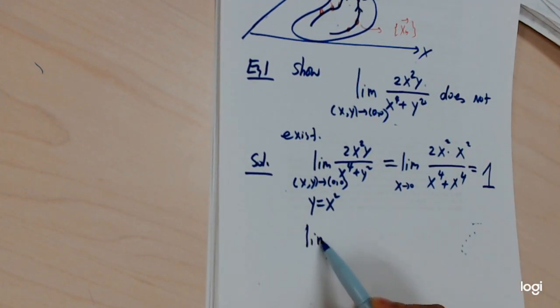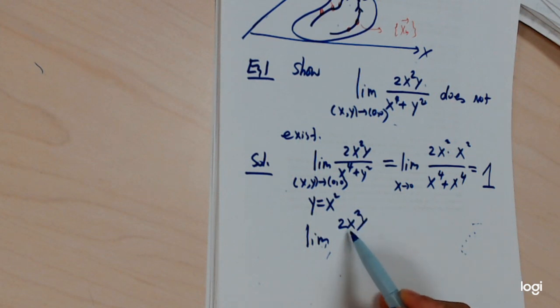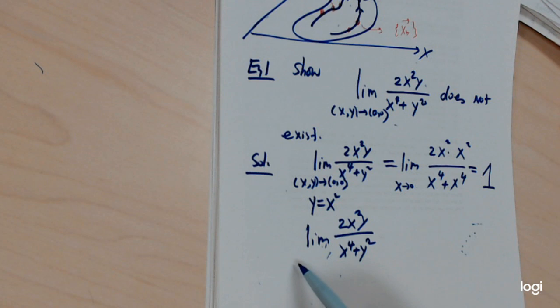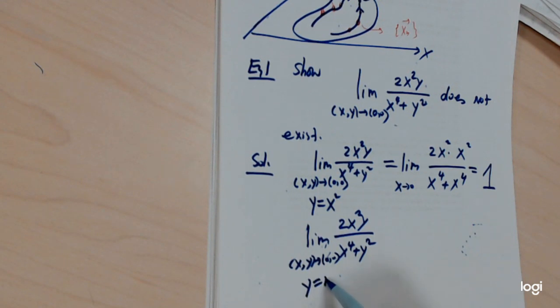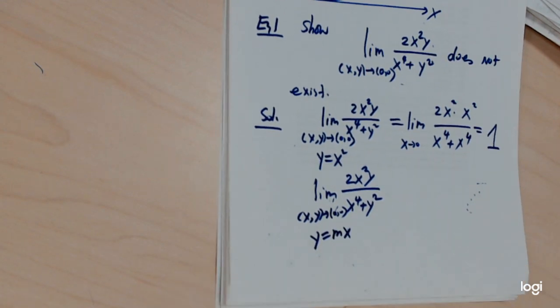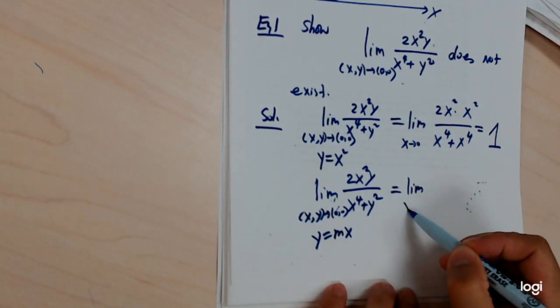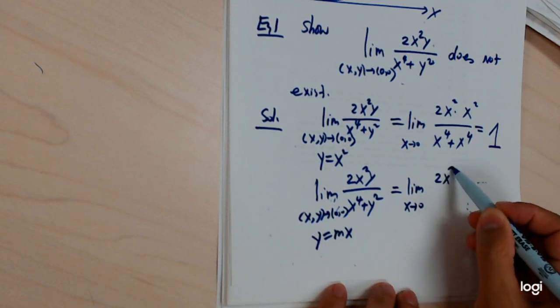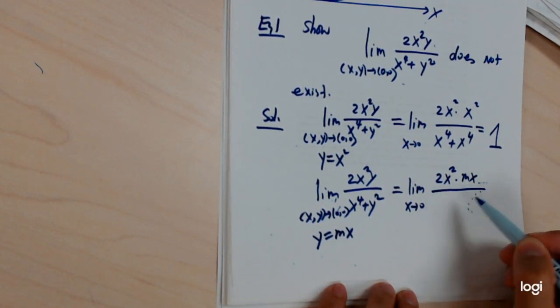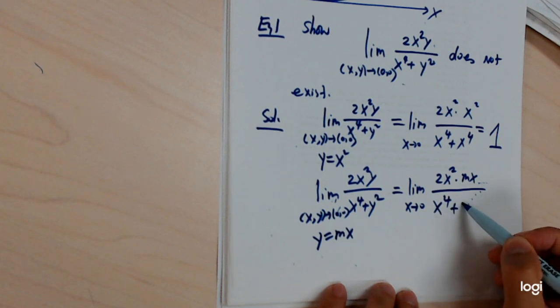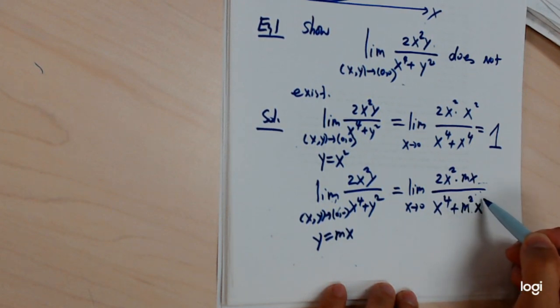Let's try a different path where both approach (0, 0). This time I'm going to say (x, y) approaches (0, 0) along a straight line, where y is given by mx. I can just take x goes to 0 and plug in y equal to mx, so you have m squared and x squared down here.